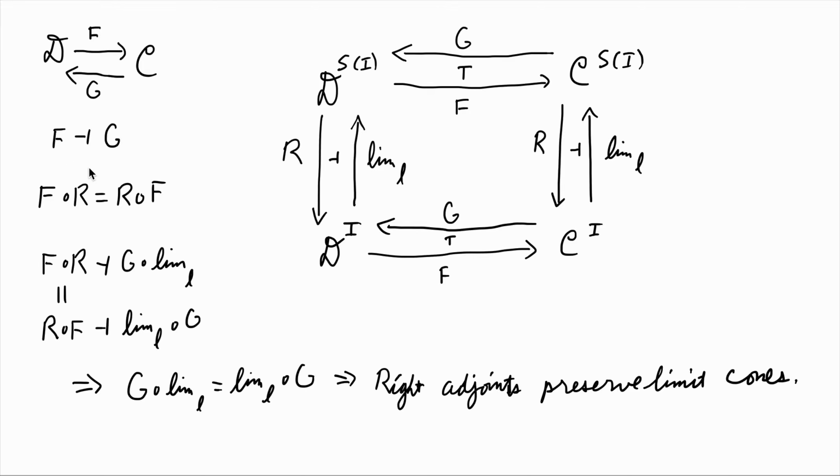So we'll use that fact to note that since we have this functor is left adjoint to that functor, and this functor right here is left adjoint to that functor, well, these two guys are actually the same. Hey, wait a minute.